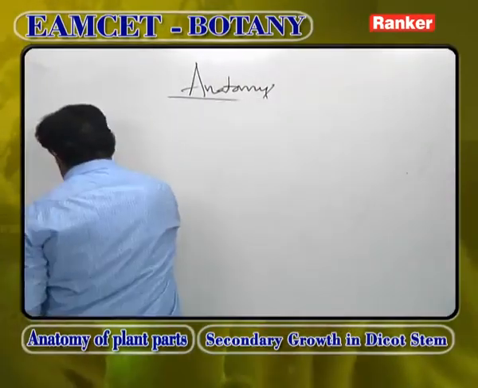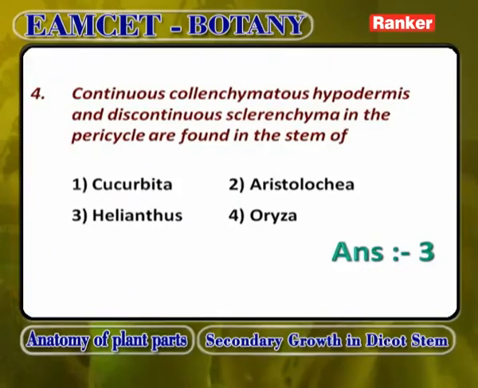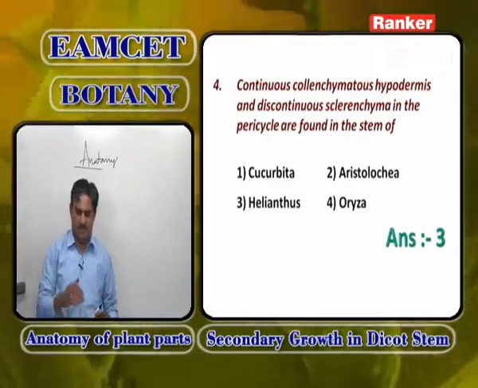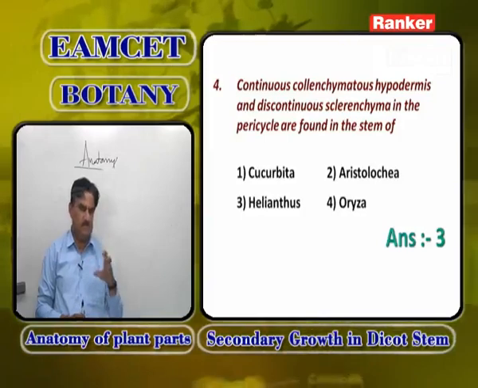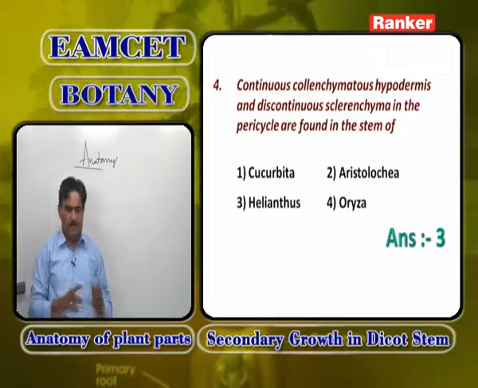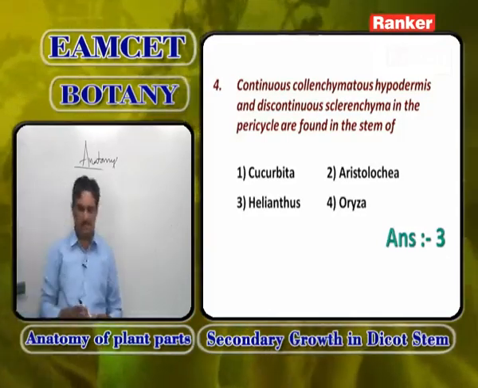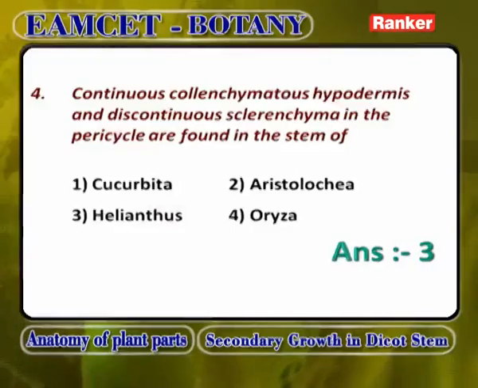Here the question is: continuous collenchymatous hypodermis and discontinuous sclerenchymatous pericycle are found in the stem of Helianthus. Cucurbita, Aristolochia and Oryza are just to confuse, but Cucurbita is opposite. So the answer is Helianthus, sunflower.